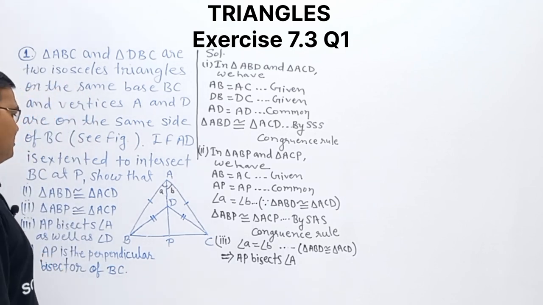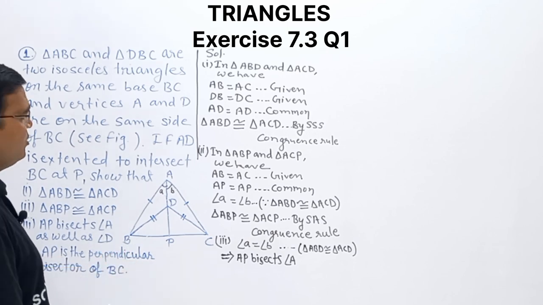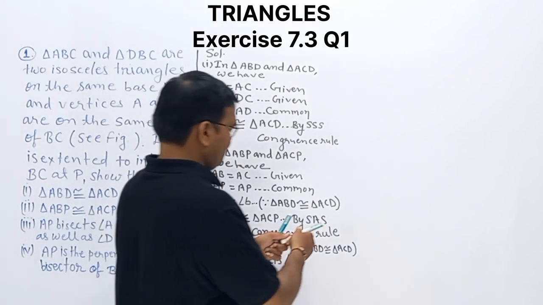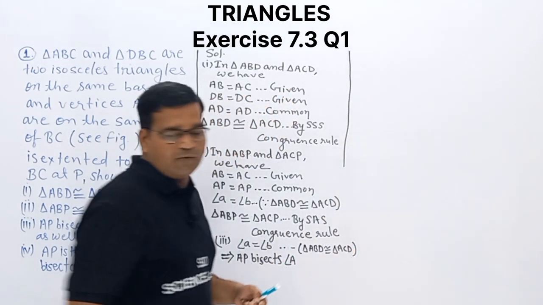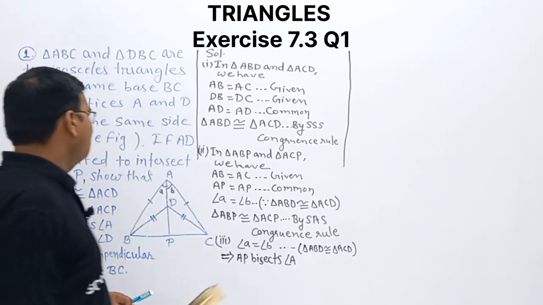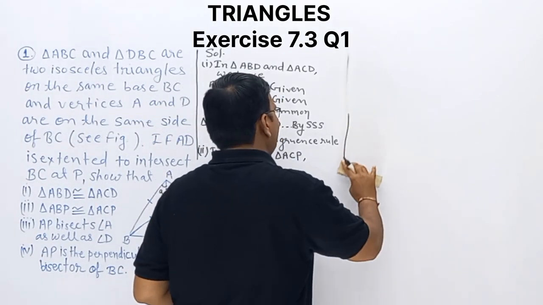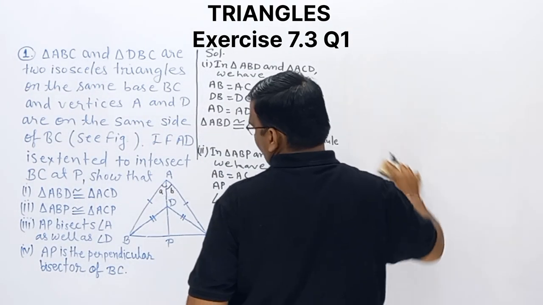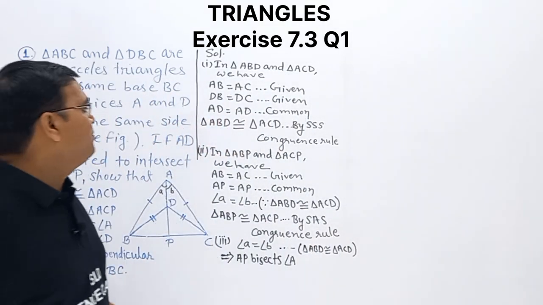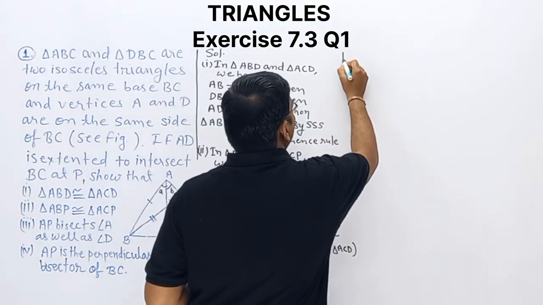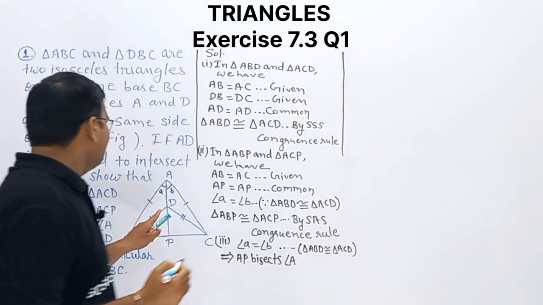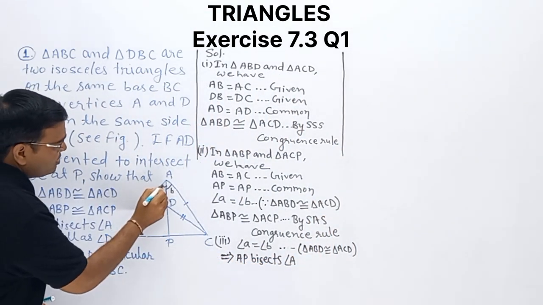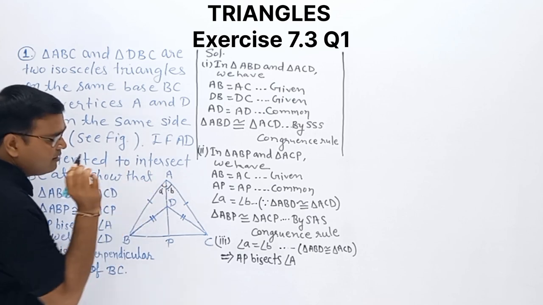In question number 3, one thing is also required: AP bisecting angle D or not. We want to prove this. Now I am taking angle A equal to angle B. Why?